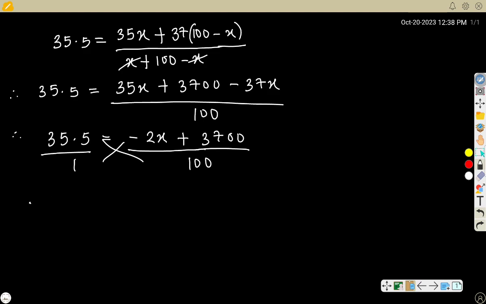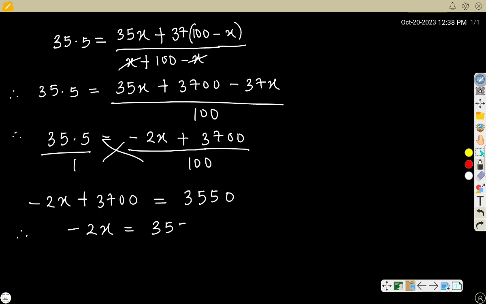So minus 2X plus 3700 will be equal to 35.5 times 100. You just move 2 zeros to the right, so 35.5 times 100 will give you 3550. Now collect like terms. So minus 2X will be equal to 3550 minus 3700.